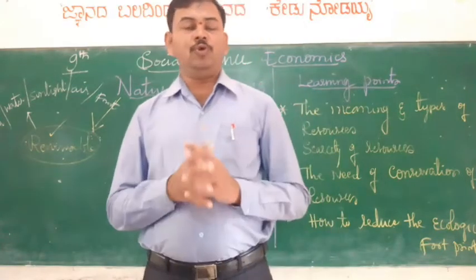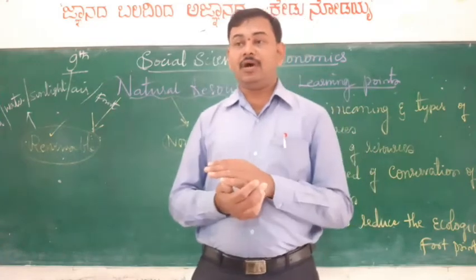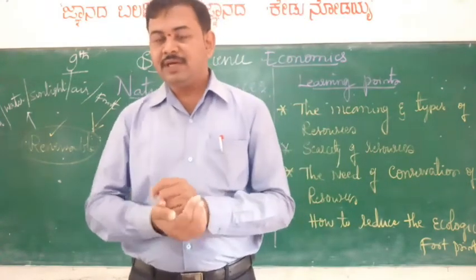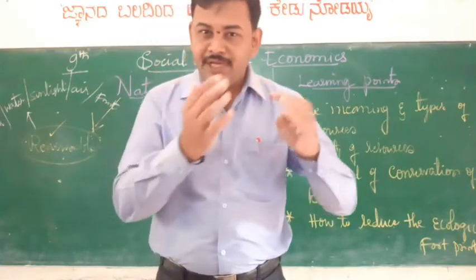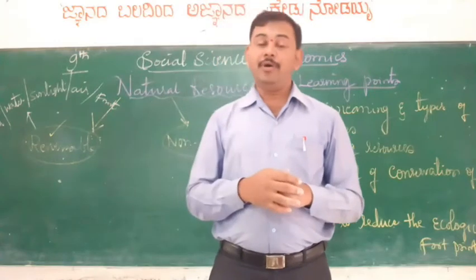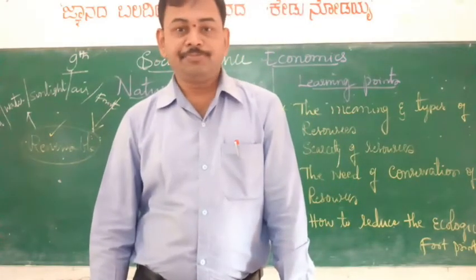Resources can also be classified as biotic and abiotic resources. Listen once again, dear students. Resources can also be divided into biotic and abiotic resources. So what are the biotic resources?